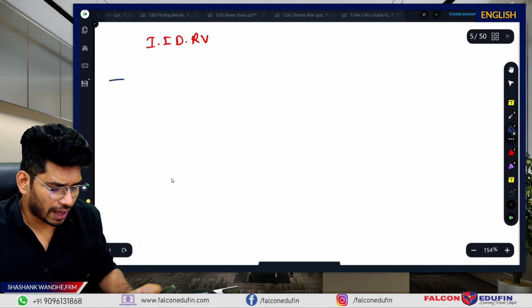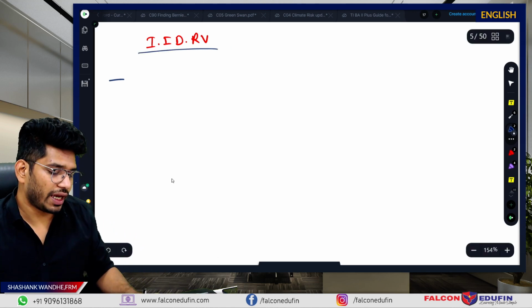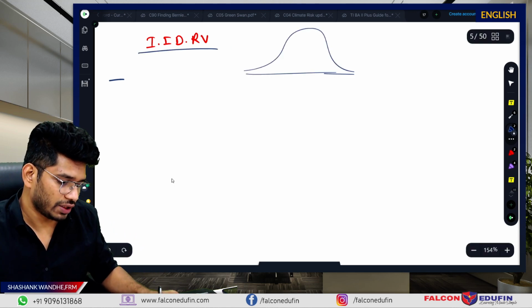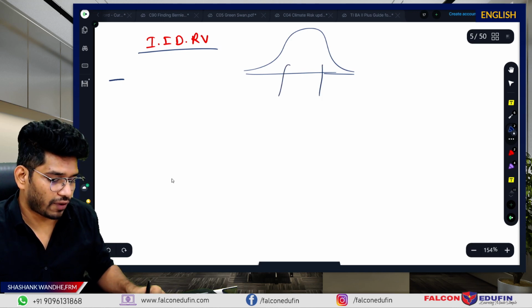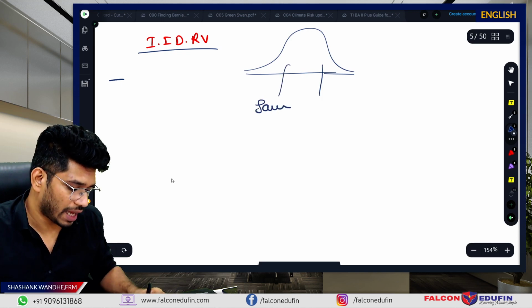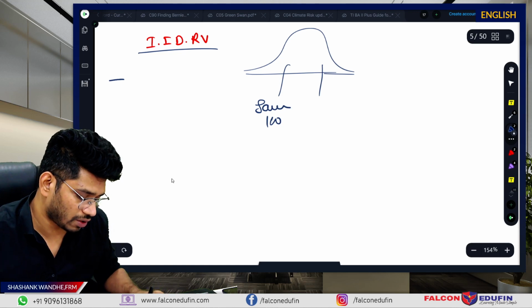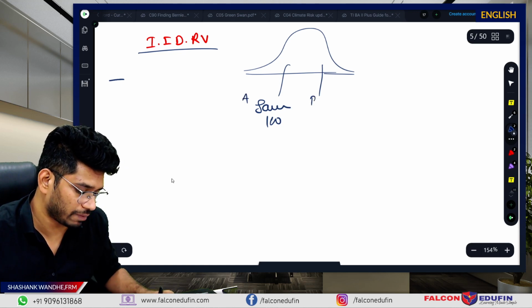In real life, say you have one particular distribution, and from this distribution, first you draw a sample of 100. Let's call this A, a sample of 100, and B, a sample of 100.